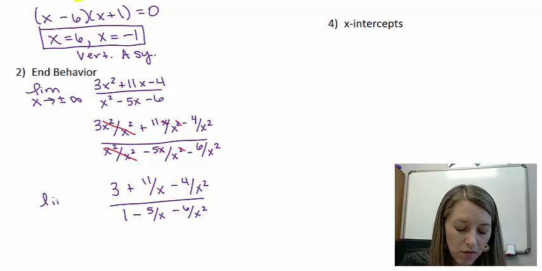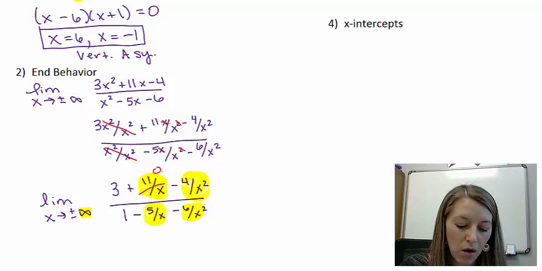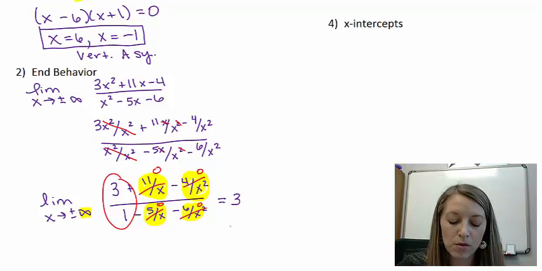So when I'm looking for the limit of this as x is approaching infinity, remember anytime I have a constant over x to some power, the denominator grows quite fast, but the numerator stays constant, and so all of these are actually going to approach 0 when I plug infinity in for them. So all of those become 0, so all I have to worry about then is this here. Well, 3 divided by 1 just simplifies to be 3.